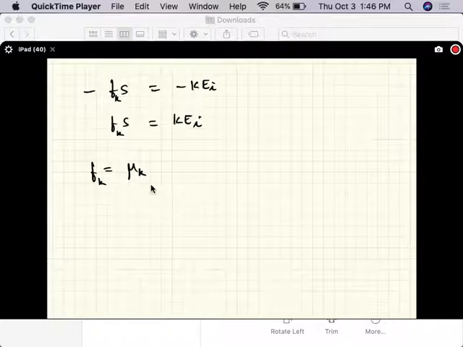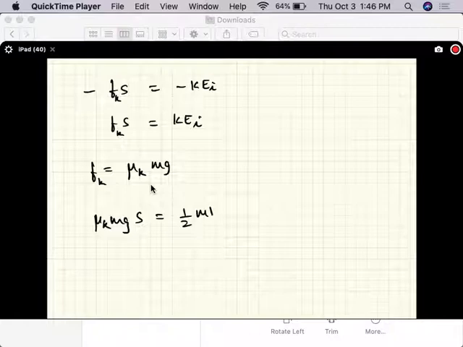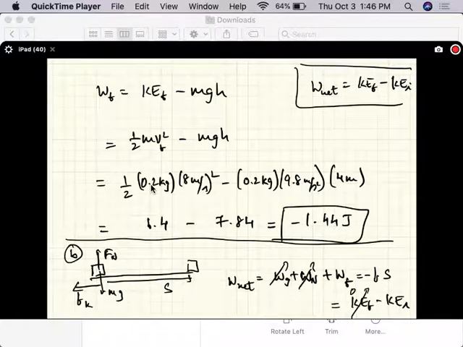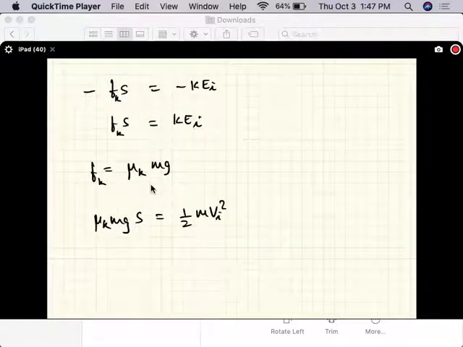Mu K times mg. So we have mu K times mg s equal to 1/2 m v initial squared. What is the initial velocity? 8 meters per second. S is 10 meters, and so on.